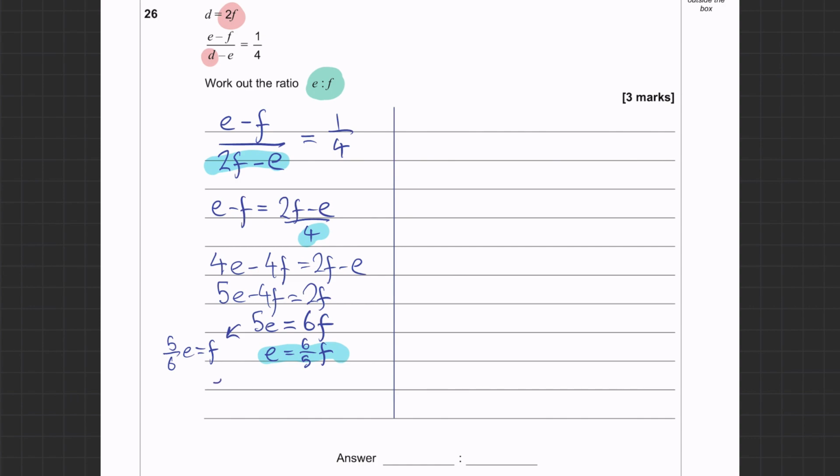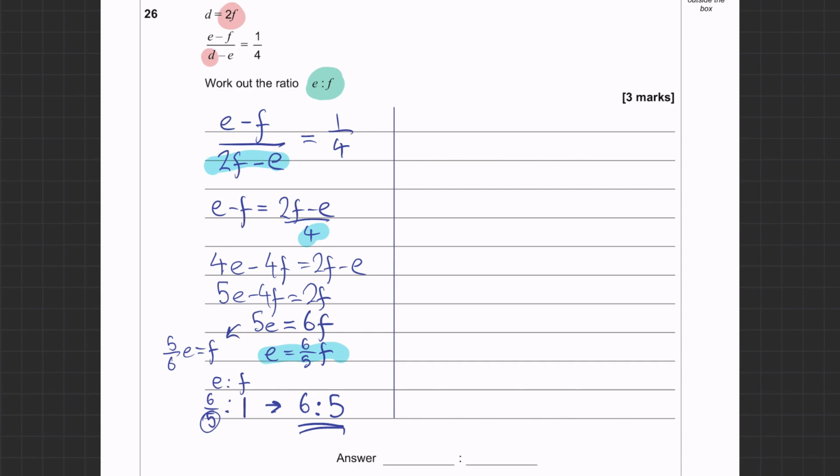So if we've got e, we've got f. If f is 1, for instance, e is 6 over 5. So our ratio so far is 6 over 5 to 1. Now we want to make these integers or whole numbers, so I'm going to multiply both sides by 5 to make both sides 5 times bigger. That will give us 6 to 5. So we've now got a final ratio.